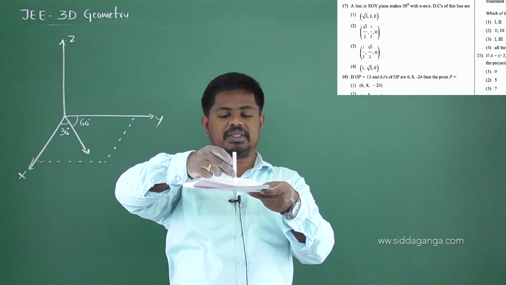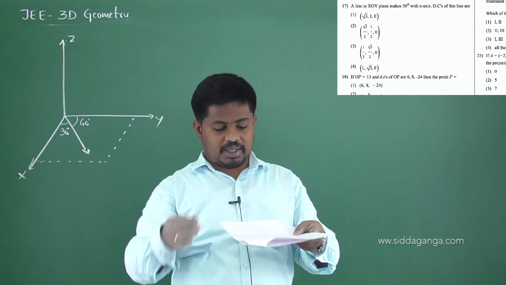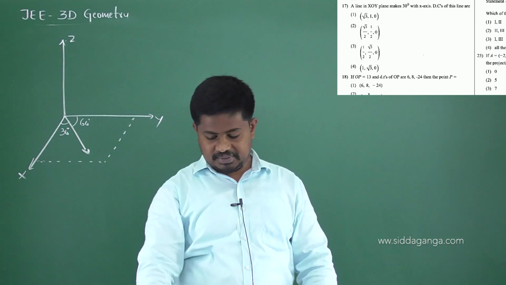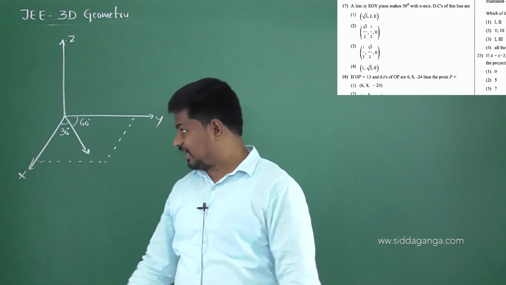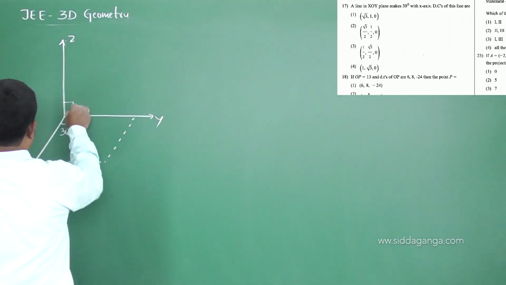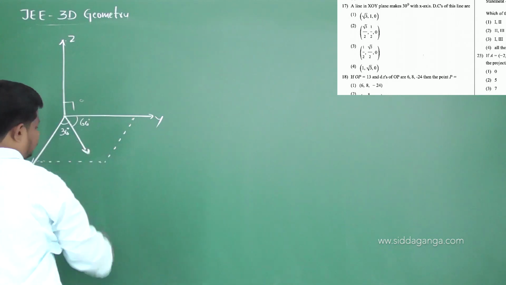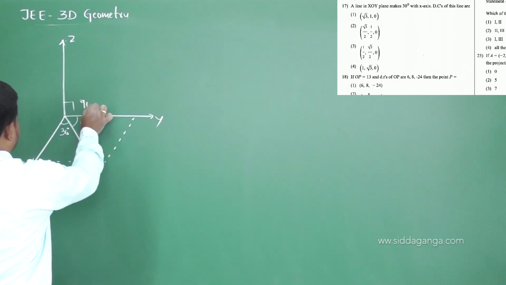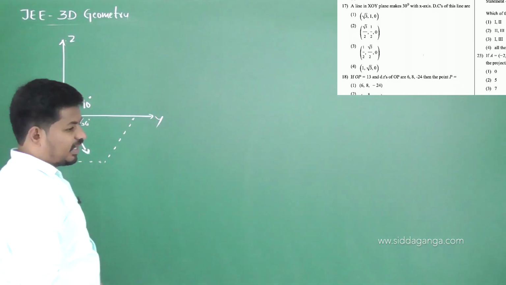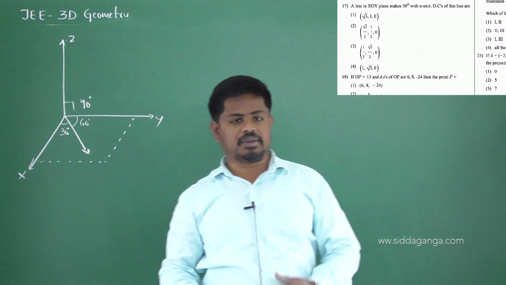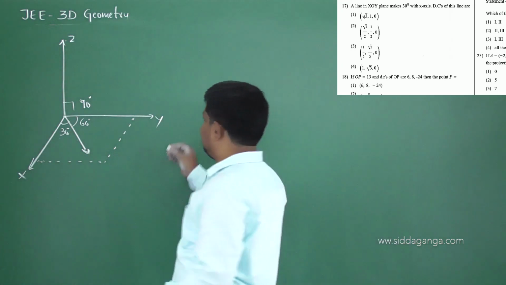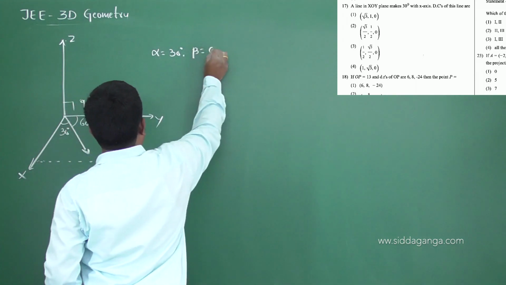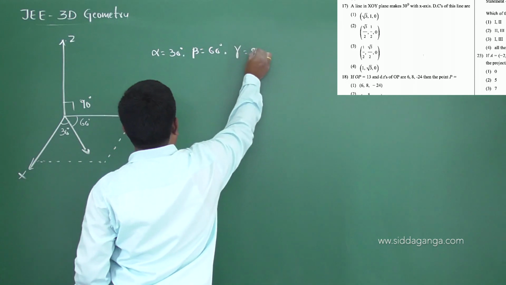So the angle between the xy plane and the z axis is 90 degrees. So any line in the xy plane makes 90 degrees with the z axis. Therefore, this line makes 90 degrees with the z axis. Hope you got it. Any line in the xy plane is always perpendicular to the z axis. Therefore, alpha is 30 degrees, beta is 60 and gamma is 90.